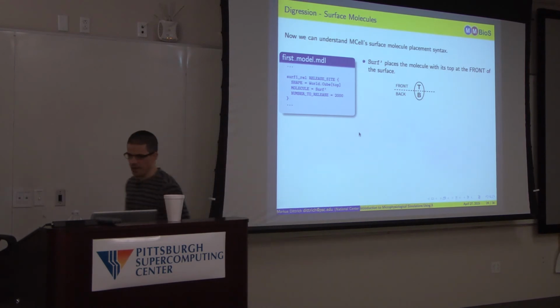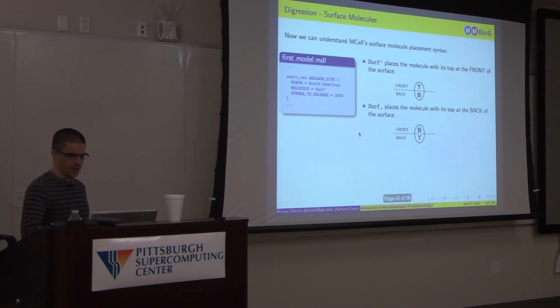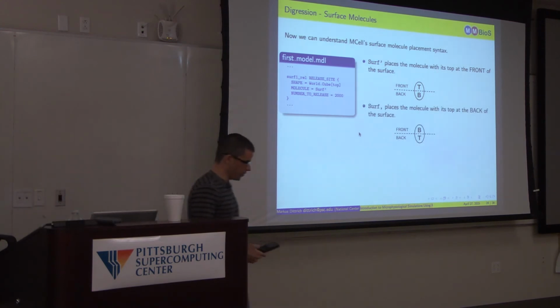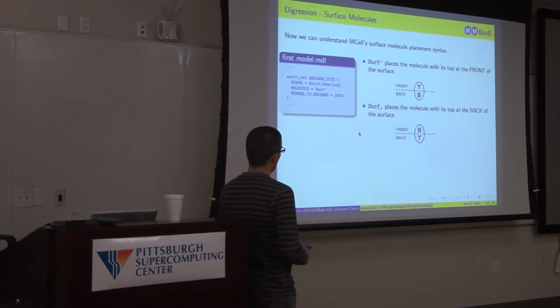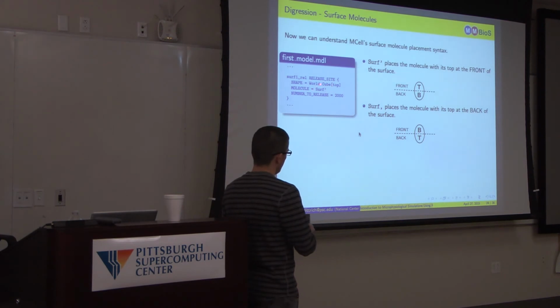Okay, so that said, just to explain the syntax, the way to define the orientation of your molecule in the surface, either the top at the front or the bottom at the front, is the syntax we've seen in this example previously.